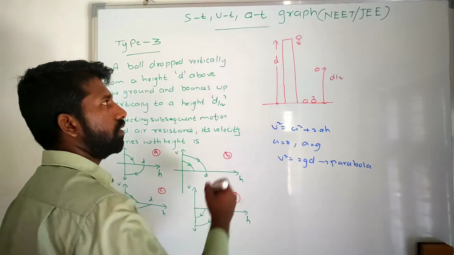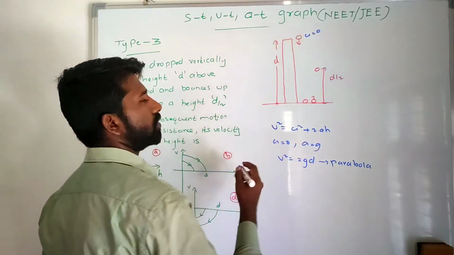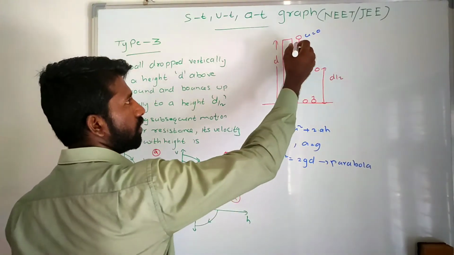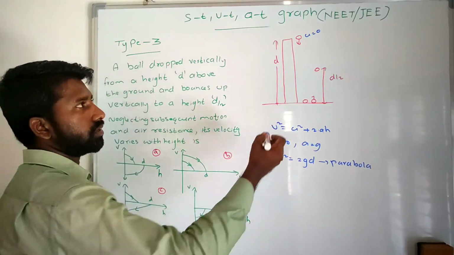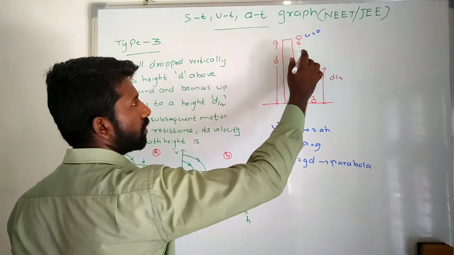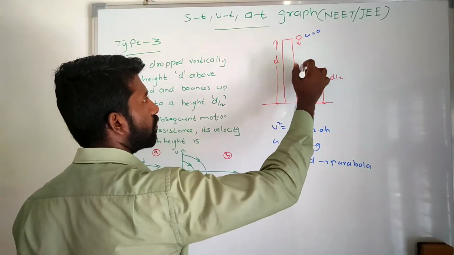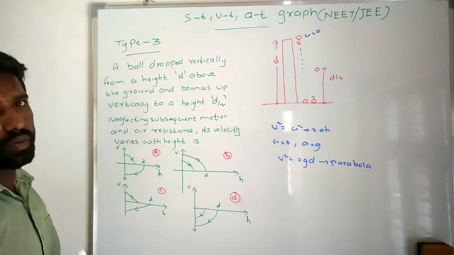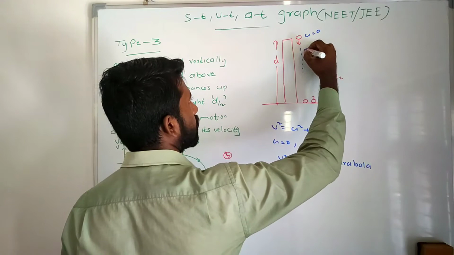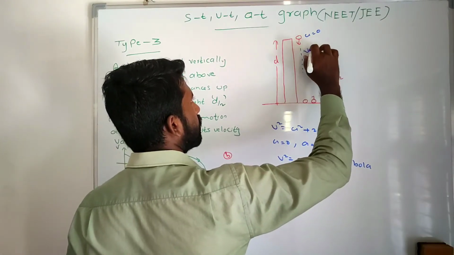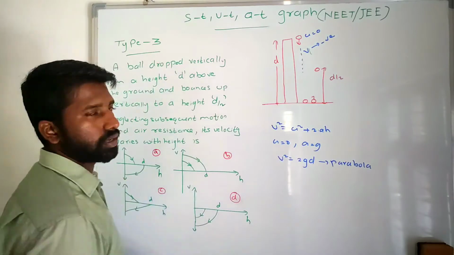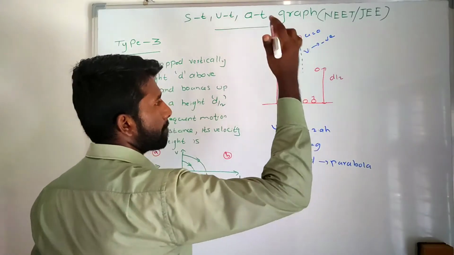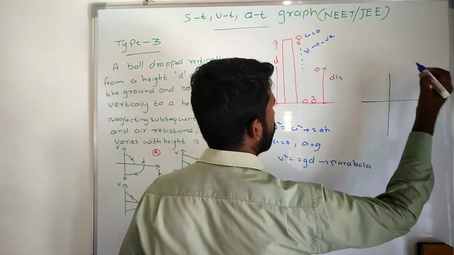Just before dropping, the initial velocity is 0. Then after each second the velocity increases. When an object is coming downwards, its velocity increases in which direction? In the negative direction, so while coming down, velocity v is negative. So we can draw a graph like this. The graph is a parabola.